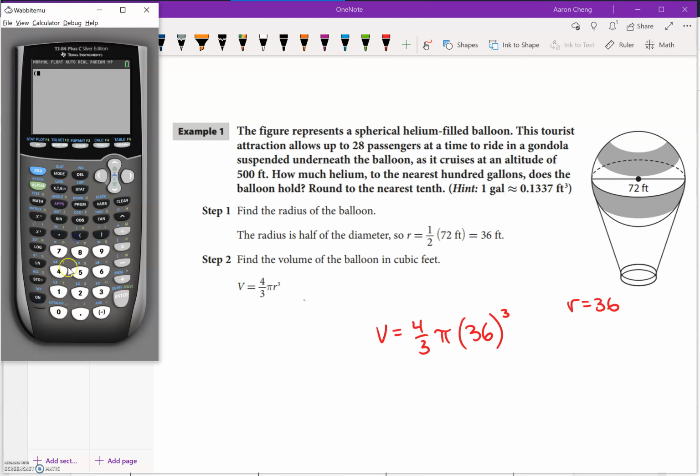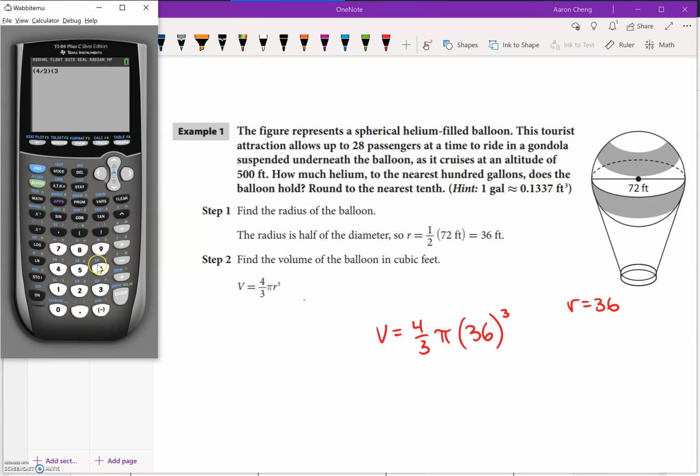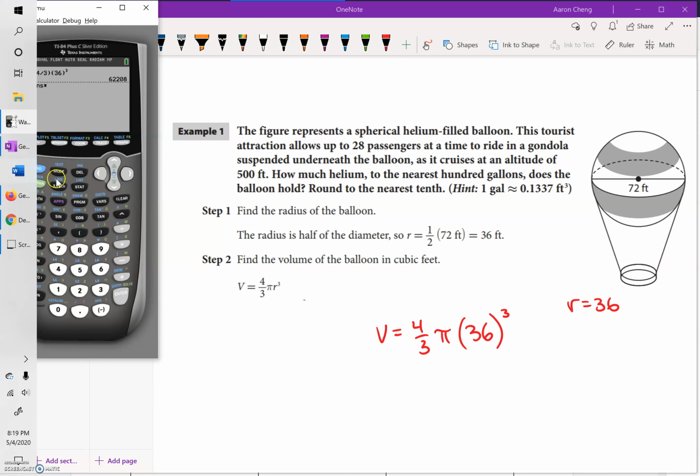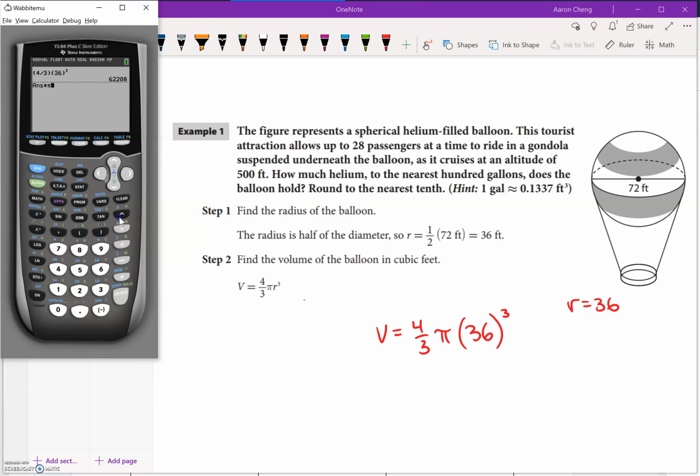So you can do 4/3 in parentheses like I'm doing here, and then I'll probably leave it in terms of pi, so I'll just leave the pi out of this, 36 cubed, or maybe we'll do the pi afterwards. So we'll do that, and we'll say that's that number, and then we'll multiply this by pi. So those will be our two answers.